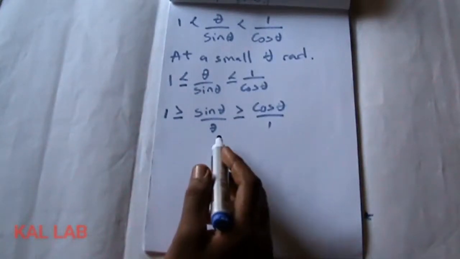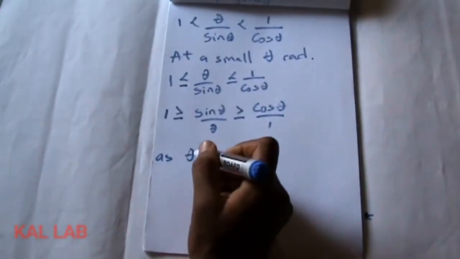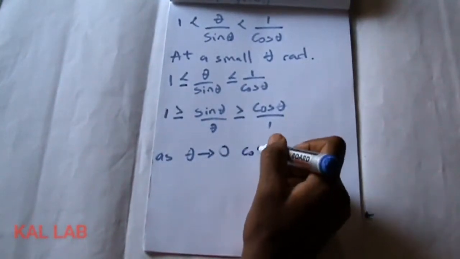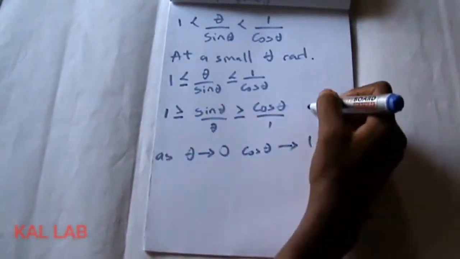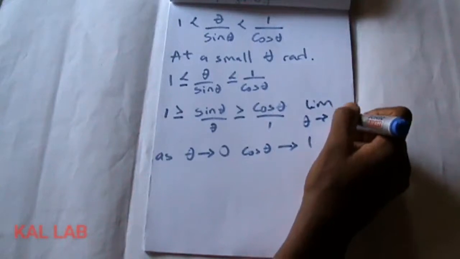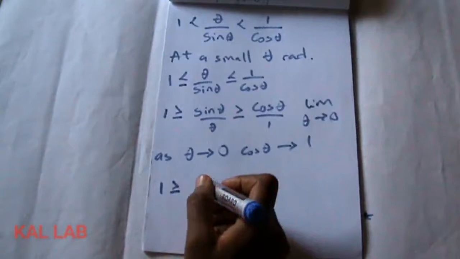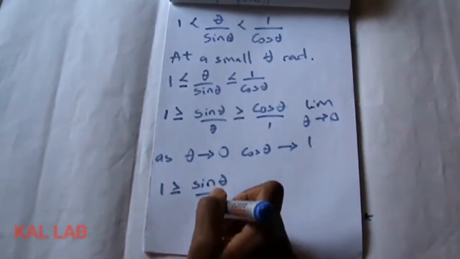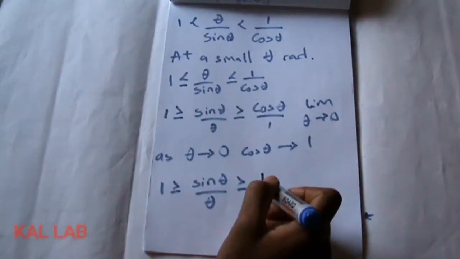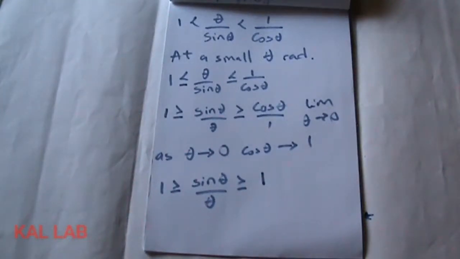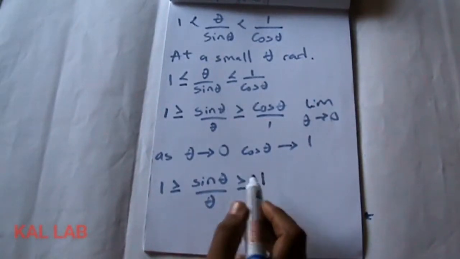So from what we can see here, as theta goes to 0, cos theta tends to 1. That is, if we take the limit of all of this as theta goes to 0, cos theta will go to 1. Thereby 1 is greater than or equal to sine theta over theta greater than or equal to 1. So sine theta over theta is sandwiched between 1 and 1.